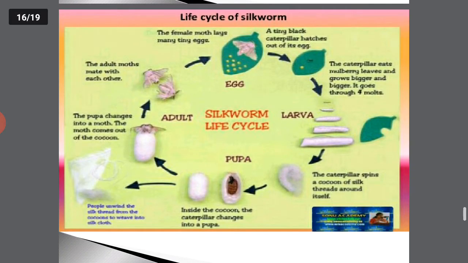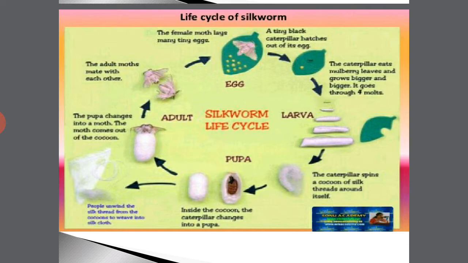Now, the life cycle of silkworm can be asked in the exams also. In a 3 marks question or 5 marks question: describe the life cycle of a silkworm with the help of diagram.